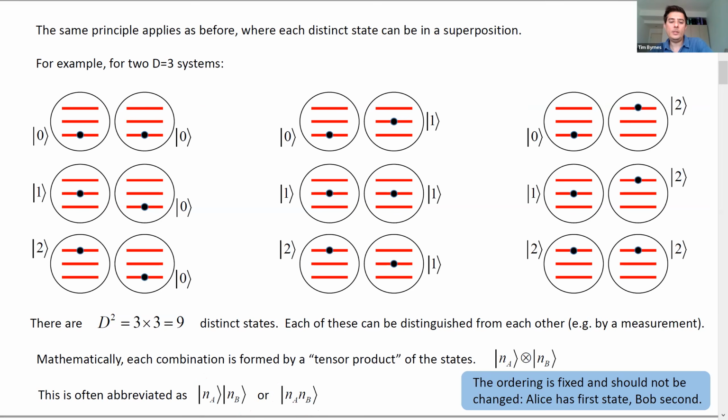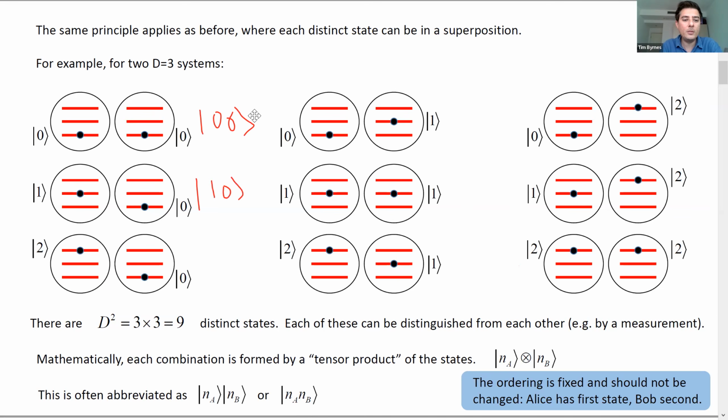And what I mean by this notation here is that in this one, I'm considering these 9 states to be all individual states. So what I'm doing here is calling this one the state 0, 0.